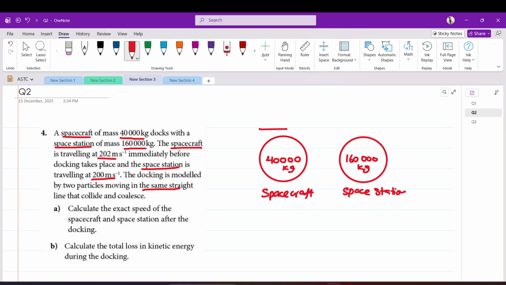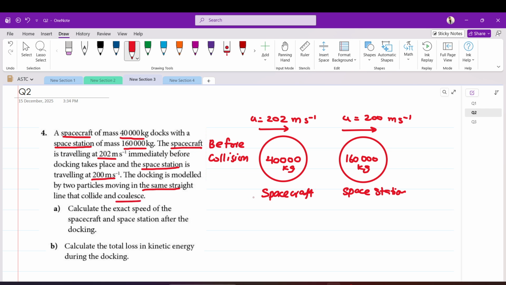The spacecraft is moving at a speed of 202 meters per second, so this is your initial velocity, and the space station is traveling at 200 meters per second. So this is the situation before collision. Now, our collision in this sense will be the docking that takes place.